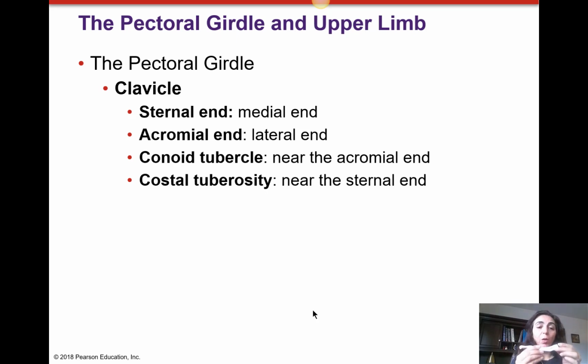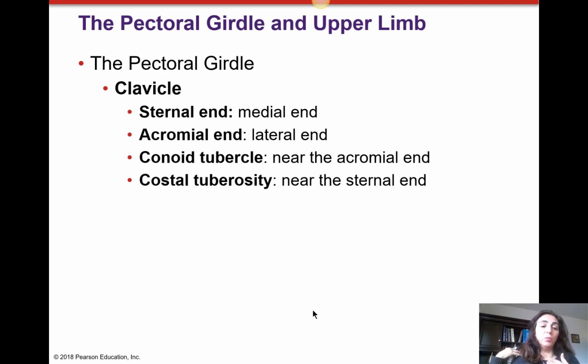It has 2 ends. One end is the side that is connecting to the sternum here, and on the other end it is attaching to the scapula. Scapula is a bone that we have on the upper back and makes the back of the shoulder here.